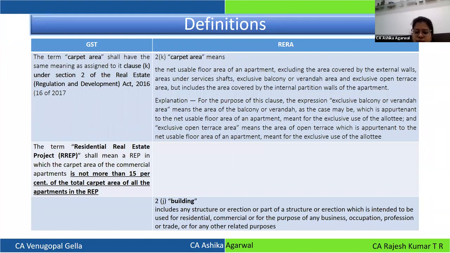Otherwise, it's a real estate project. Now, building is not defined under GST, it's under RERA; even that definition has not been borrowed from RERA. So this is just a comparison we have brought in front of you, to show how GST is dependent upon the RERA Act.